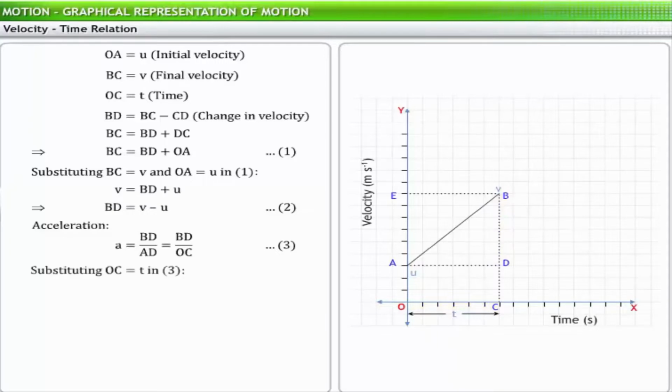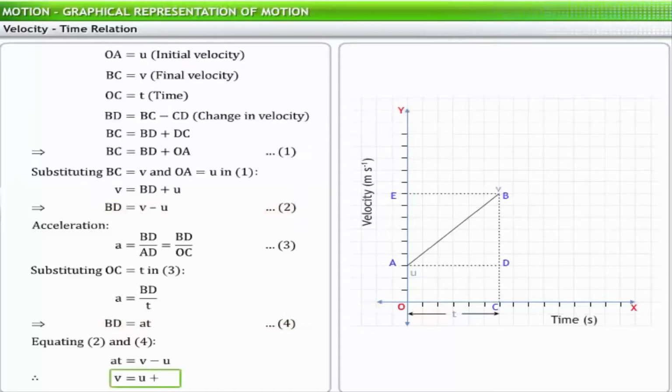Substituting OC is equal to t in equation 3, we get a is equal to BD divided by t, or BD is equal to at as equation 4. Equating equations 2 and 4, we get at is equal to v minus u. Therefore, v is equal to u plus at.